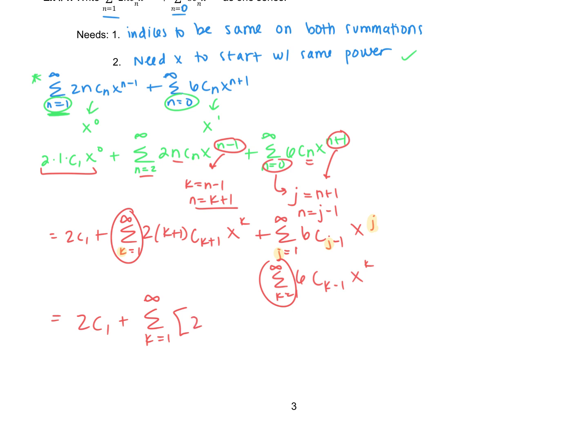And then I have 2k plus 1, c of the k plus 1. And then I also have this 6c of the k minus 1 times x to the k. So this is my final answer.